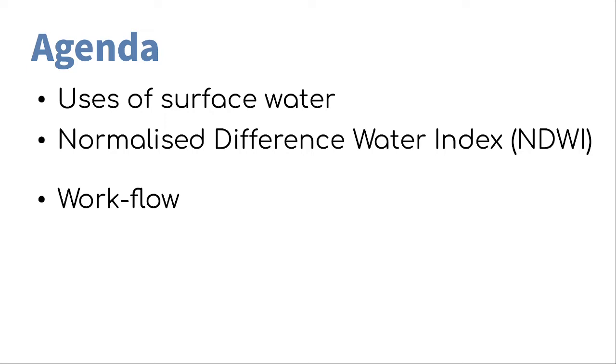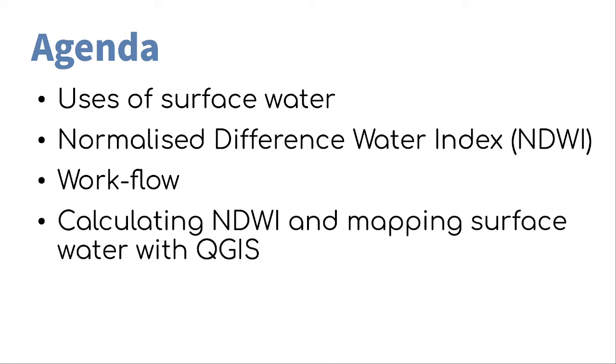So we are going to look at the workflow, the steps that we are going to take in order to come up with surface water. And finally, I am going to show you a step-by-step calculation of NDWI, and by so doing, we are also going to look at how we can use this index to map surface water with QGIS. So without wasting much of your time, let's get into it.